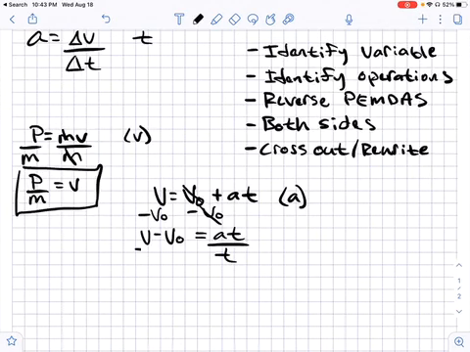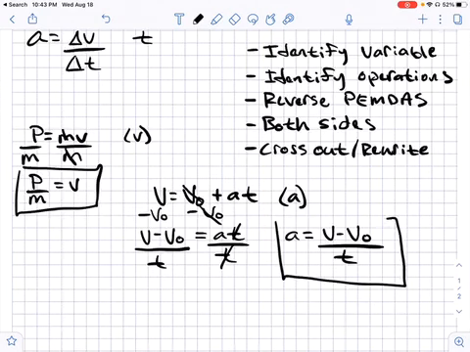So this whole thing over here is going to divide by t. The t's on the right side cancel. Now let's rewrite, and that would give me a is equal to v minus v naught all over t. So now we have an equation that has a isolated, and then we can use it to solve for a.